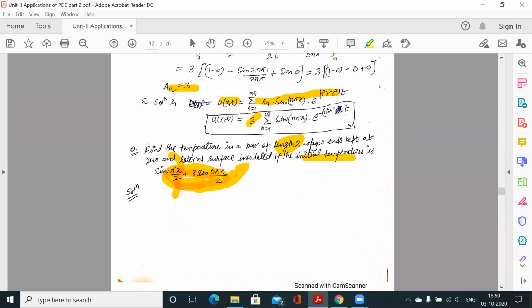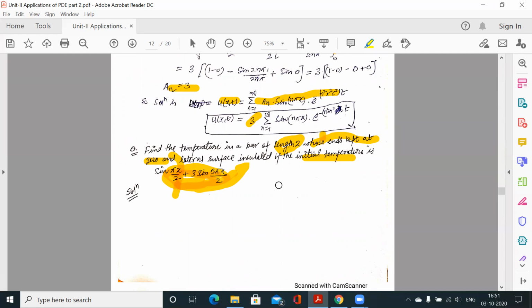So these are questions where the ends are kept at 0 temperature. If both ends are not at 0 temperature, then we have different cases. I have not mentioned these cases here, meaning I have not solved any question regarding those cases. I will explain those questions in the classrooms.